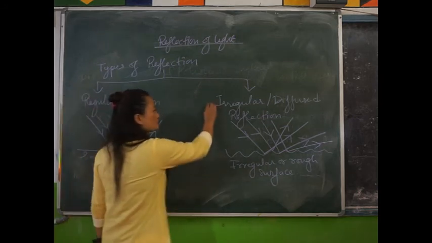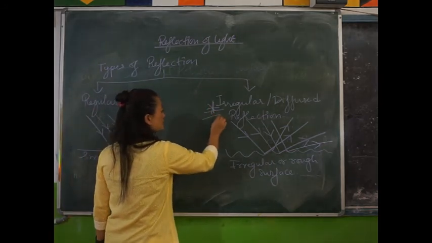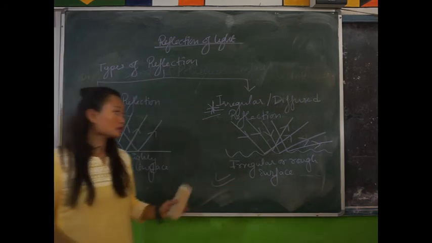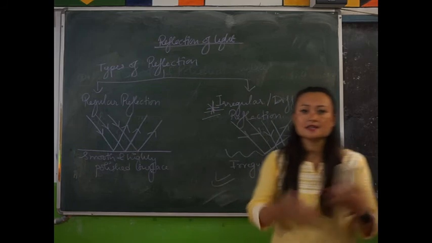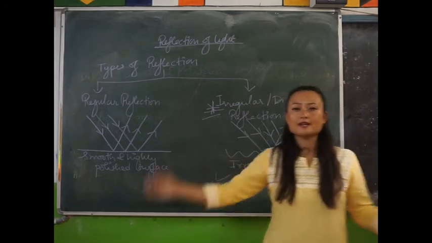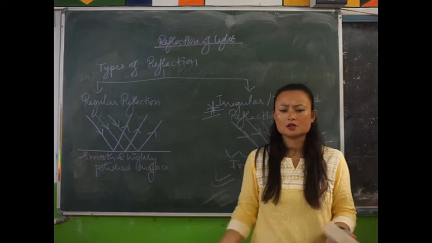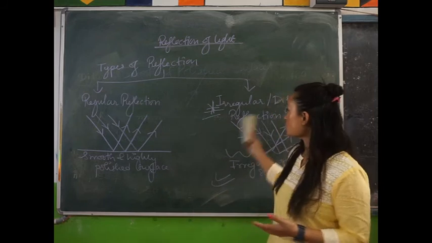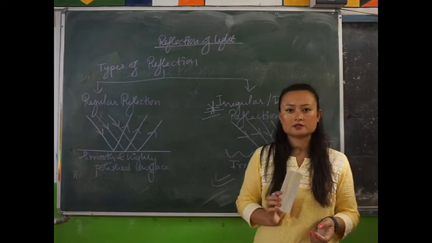And it is because of this irregular reflection that we can see things around us. Because the light reflects back in all directions, it spreads everywhere. So I can see objects which are around me because of the irregular reflection.